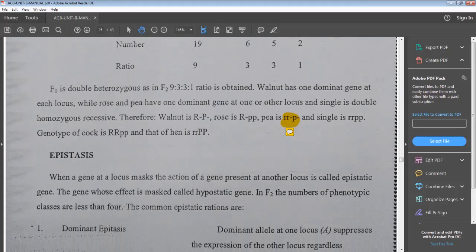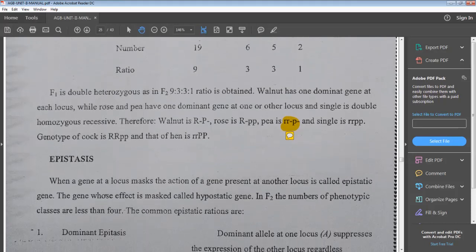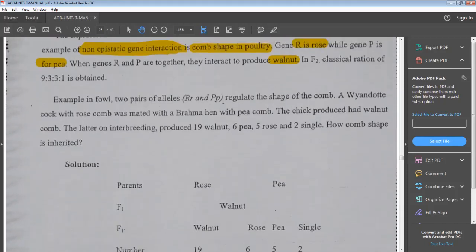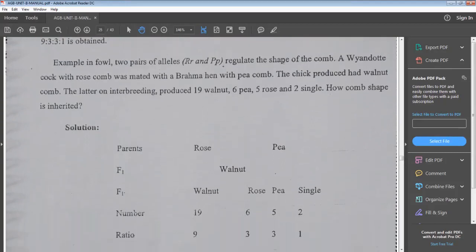Okay, so if someone asks what is the genotype of the cock, that is capital R, small p, for the cock. For the hen it is small r, capital P. I had already told you that if rose comb is written, then you must always go with the homozygous condition. If it is heterozygous, then in any way the examiner or person will mention that.